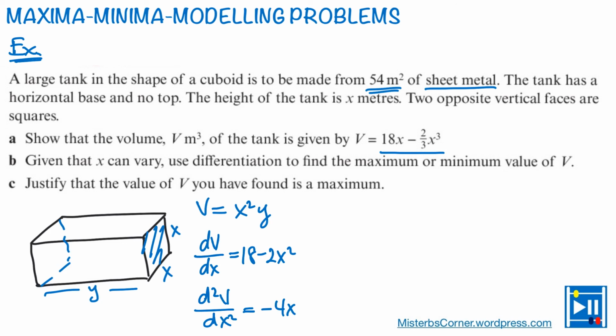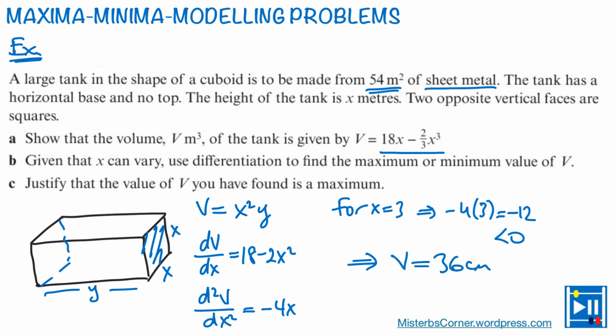And when you substitute x here, x is 3, so it's going to be minus 4 times 3, which is minus 12. This is less than 0. This implies that the volume, which we find to be 36 centimeter cubed, is a maximum value.